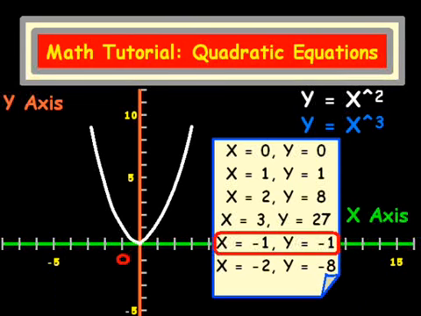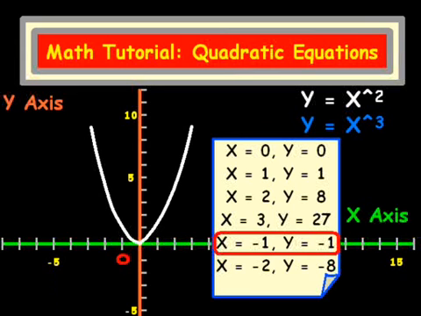And then on the flip side, for the negative x values, if x equals negative 1, y is going to equal negative 1. And we get that from going, okay, negative 1 times negative 1 is 1, and then 1 times negative 1 is negative 1.